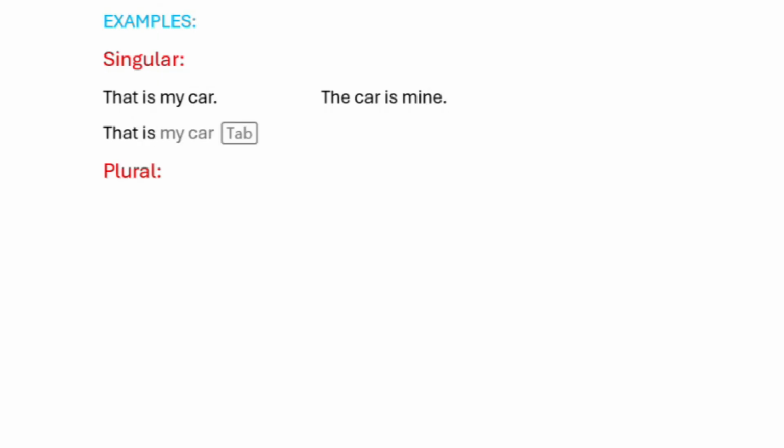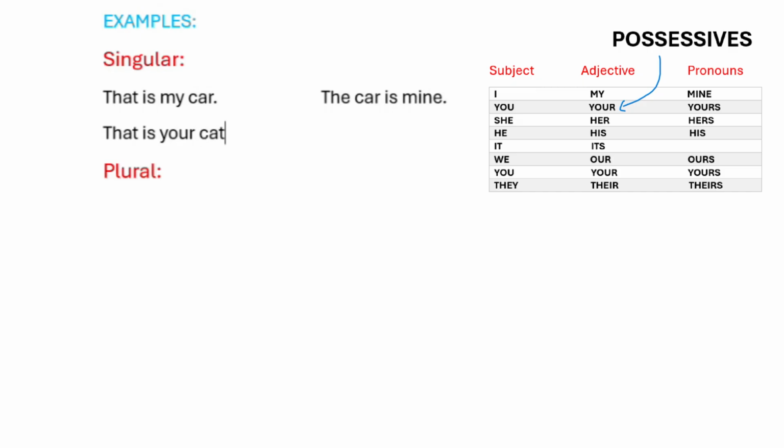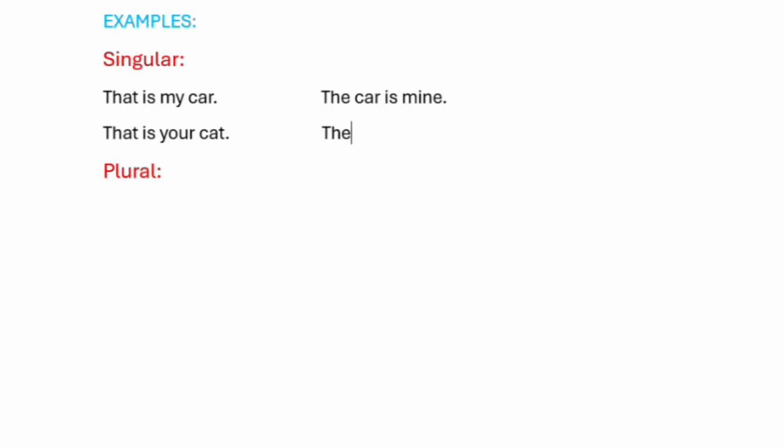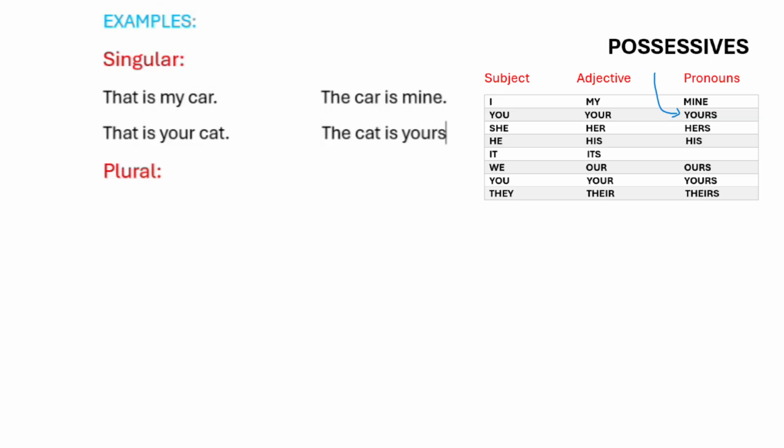In this case, that or this depends on the distance of the object or objects. In singular form, this or that, it's up to you, but I'm gonna use that. That is your cat. Oh my gosh, that's beautiful. I love cats. And the cat is yours.